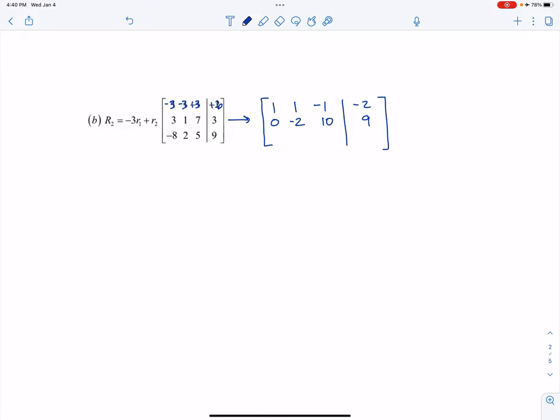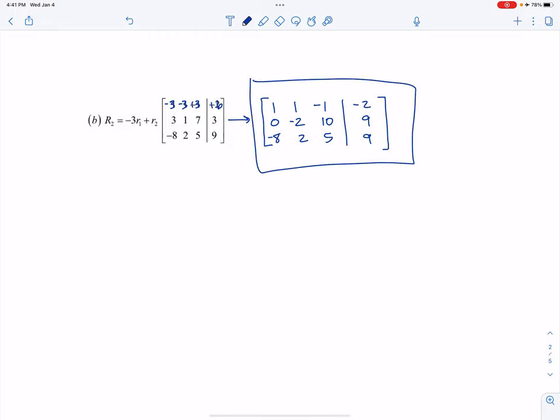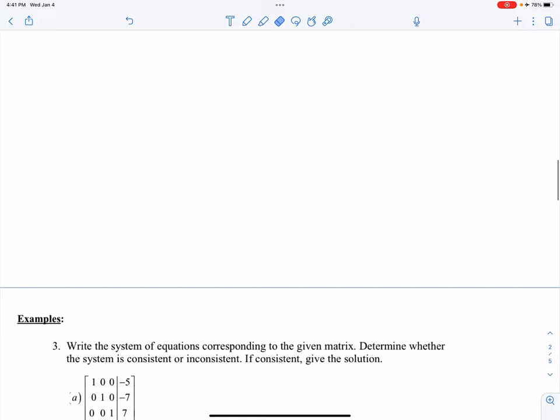And we didn't do anything to row 3, so that stays -8, 2, 5, 9. There we go. If you need to do it in 2 steps instead of 1, that's fine. If you want to multiply it and then add it in 2 steps, that works too.